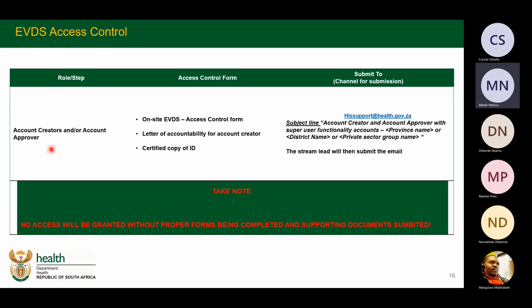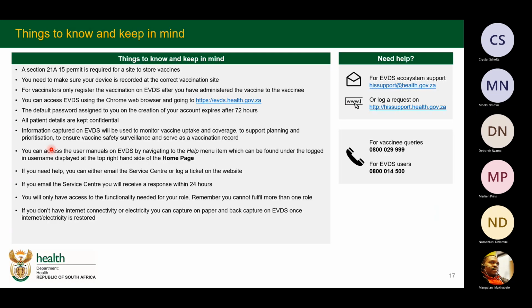So it's going to be much quicker if you approach the province, because there it's easier for them to verify your details and your genuine existence. Now, things to know and to keep in mind while we are talking about this EVDS system is that a Section 21A15 permit is required for a site to store vaccines, right?